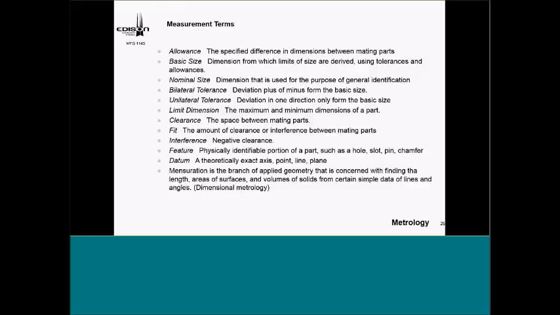All right. So then I get into allowances, basic size, and again, when we look at allowances, I talk about the mating parts. If we're looking at a clearance or a press fit, you'll see that here later on. I talk about the basic size as far as dimensions, their limits of size, using the tolerances and allowances.